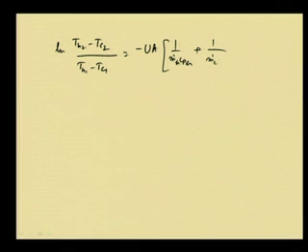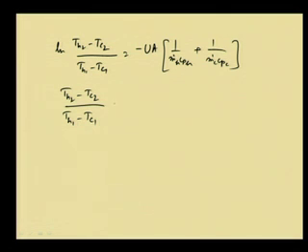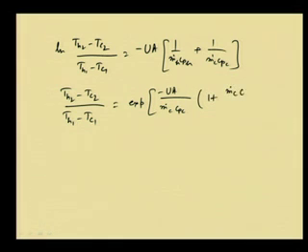Now, we can write that (Th2 minus Tc2) by (Th1 minus Tc1) equals exponential of minus UA by m dot c Cpc into (1 plus m dot c Cpc by m dot h Cph), correct.